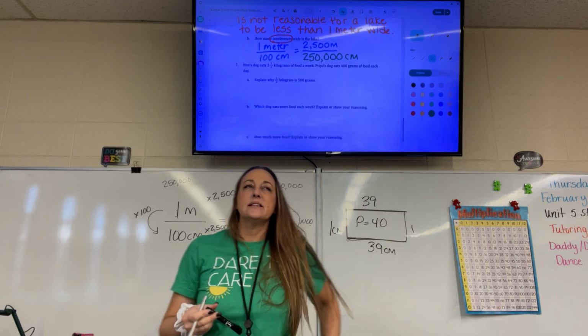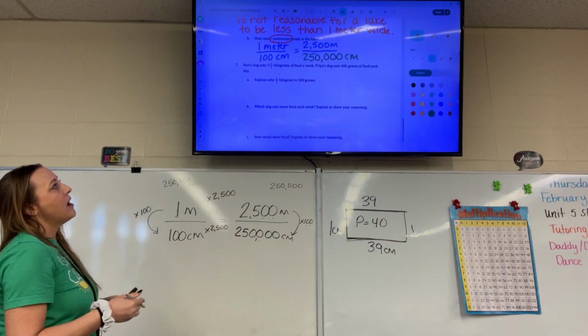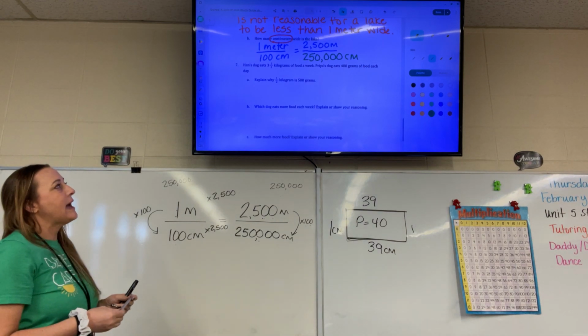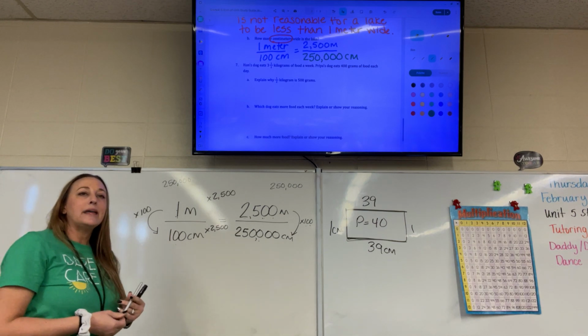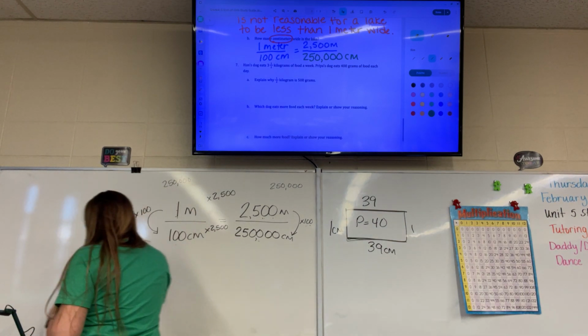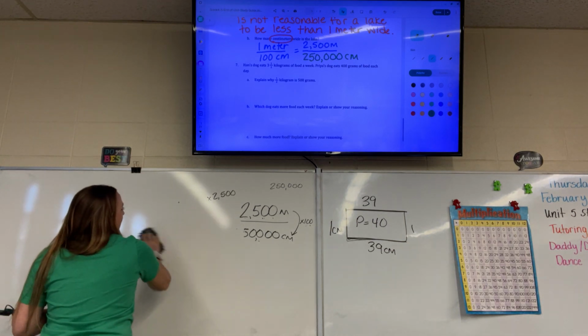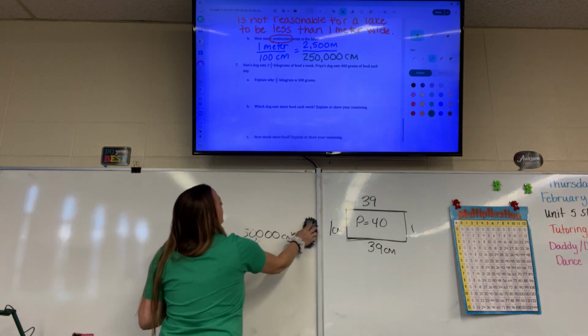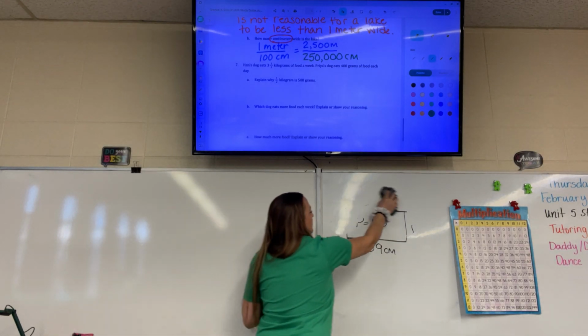So on this last set of questions, it says that Han's dog eats 3.5 kilograms of food a week. Priya's dog eats 400 grams of food per day. And then they want to know whose dog eats more.